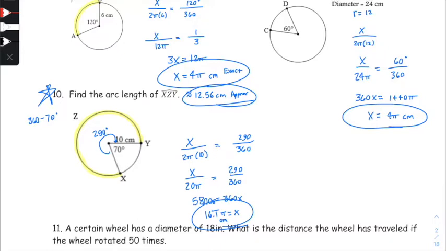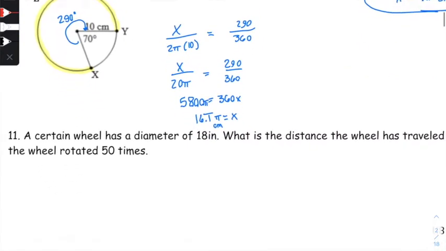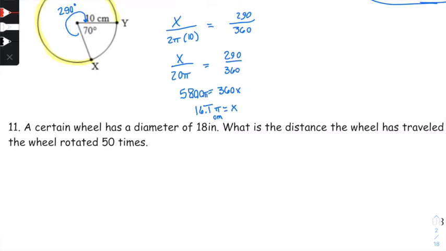Okay. Next one here, you've got a wheel that has a diameter of 18 inches. What is the distance that the wheel has traveled if the wheel is rotated 50 times? Basically, with these types of problems, they're asking you to find the circumference, and then you're going to multiply by the number of revolutions.